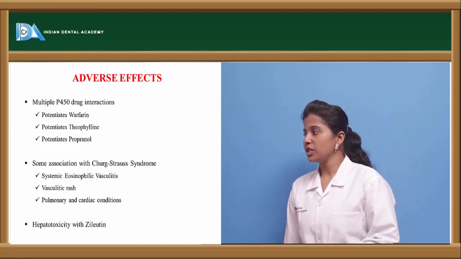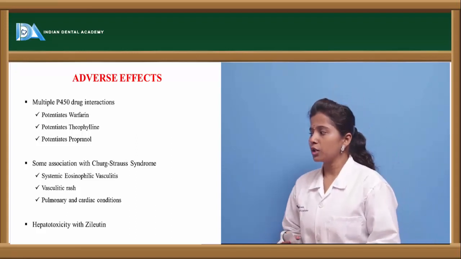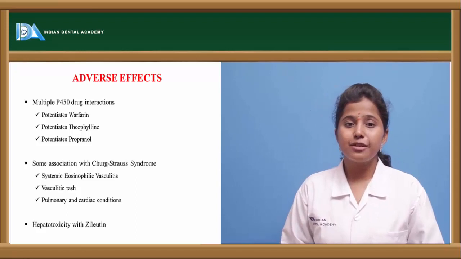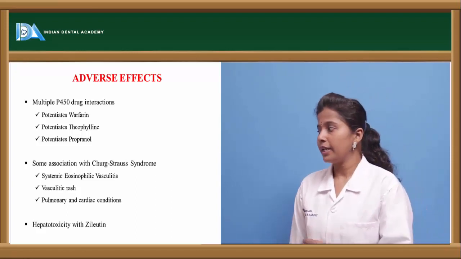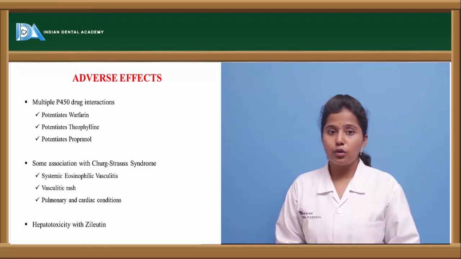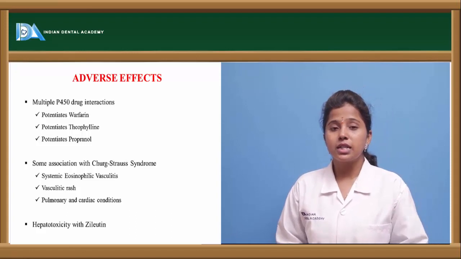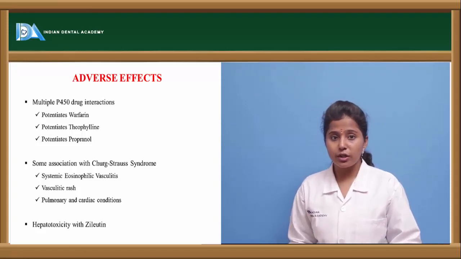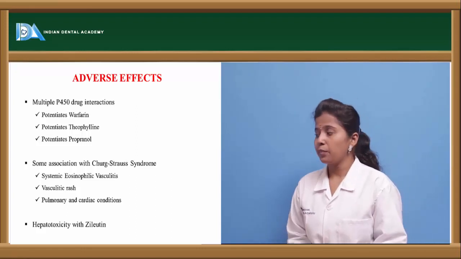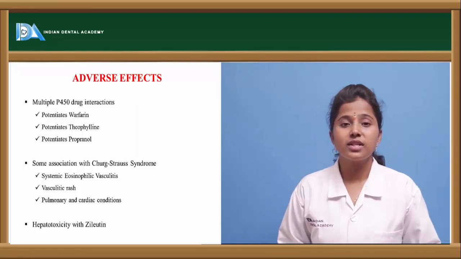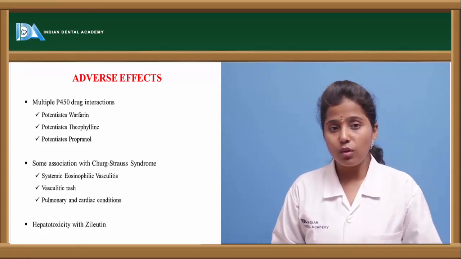And there is some association with a syndrome called Churg-Strauss syndrome. This syndrome is specially associated with the endothelial tissue. If leukotrienes are released in excessive amount, this syndrome is potentiated, where vascular rashes are observed, and pulmonary and cardiac conditions are worsened because of vasoconstriction.